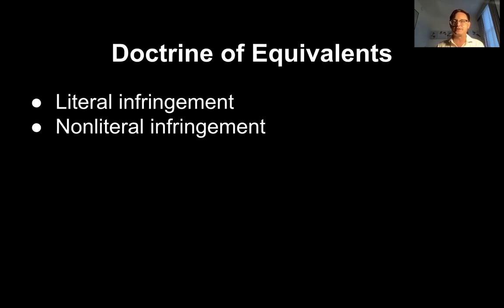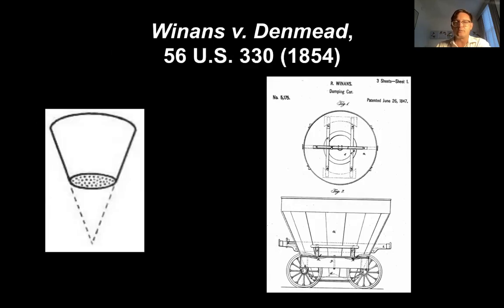And the idea here really is that if we read patents too literally, and only allow for claims for literal infringement, it'll mean that potential defendants can avoid infringement liability merely by making small immaterial changes to their product that don't actually change the way that the product fundamentally works.